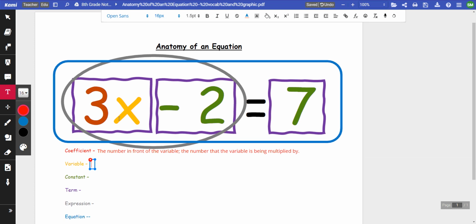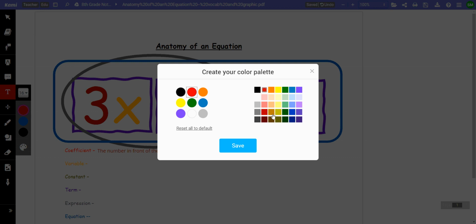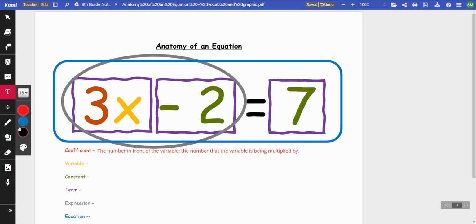This yellow X here is, let's see if I can find a darker yellow to write with. How about this, all right, we'll go with that pukey green color. All right, so there we go.